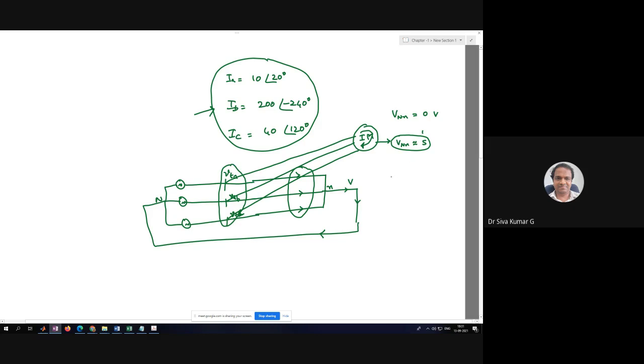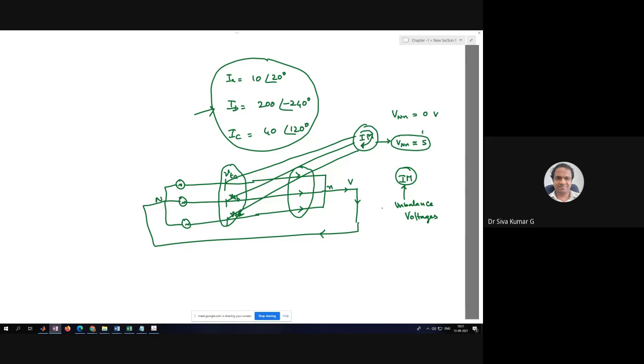If you excite the induction motor with the unbalanced voltages, we say that we will have circulating currents. Apart from that, there is a pulsating torque which is going to occur.